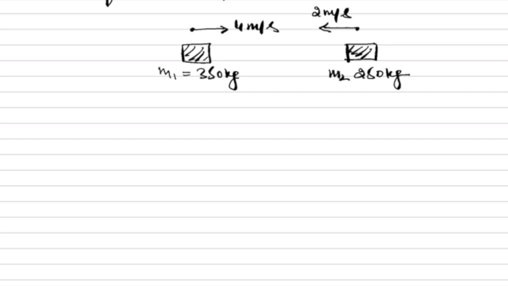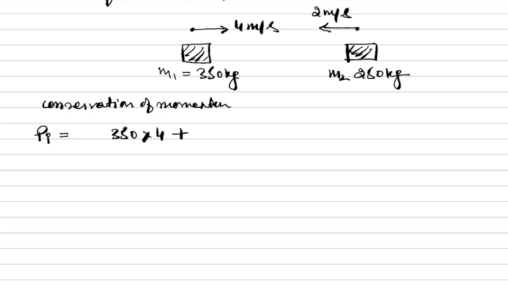So the first thing which we'll do, conservation of momentum. That will give us one equation. So what will be the initial momentum? This is 350 and it was moving towards right. I will take right as positive, plus this was moving, 250 is the M2 mass. It is moving minus 2.